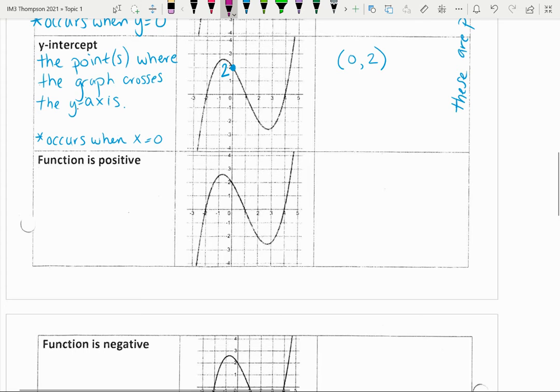A function is positive on the interval where the graph is above the x-axis.